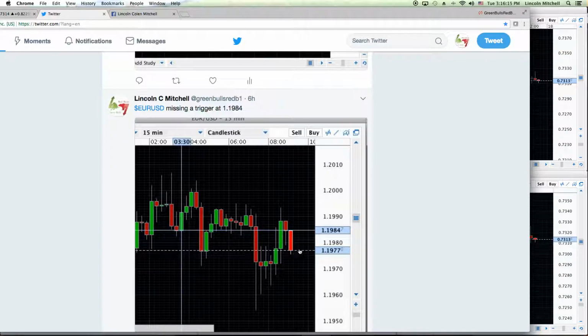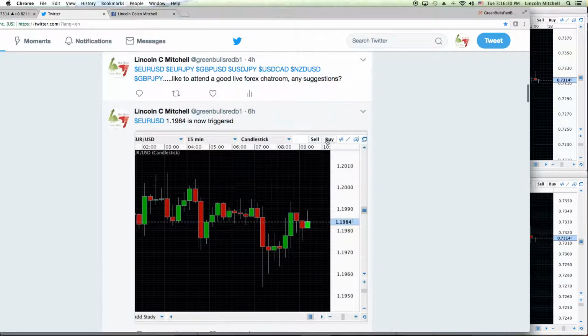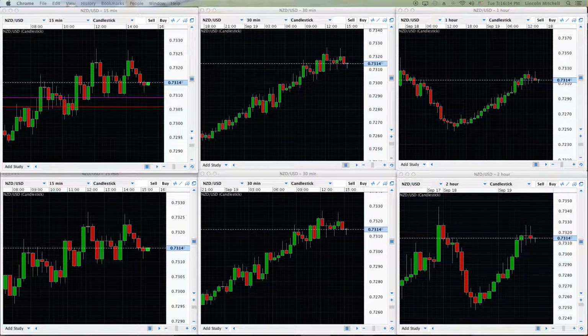This is not a bounce, but I'm just using this to say you need to know price action before you do a bounce. Even though this dropped 7 pips away, I put on here, you're missing a trigger. Then, sure enough, it came right back up, just like I said. Now I put, it's triggered. So remember that. You need to be able to play price action if you're going to do bounce trades.